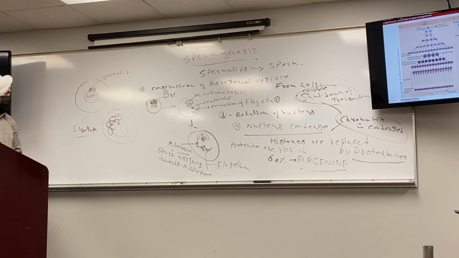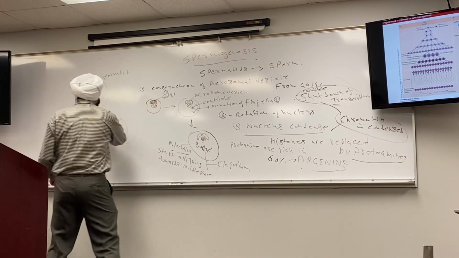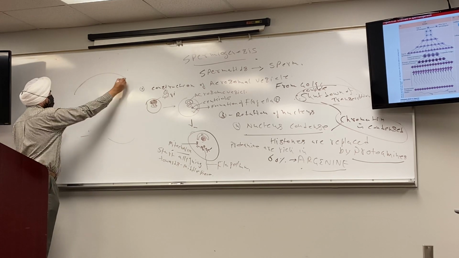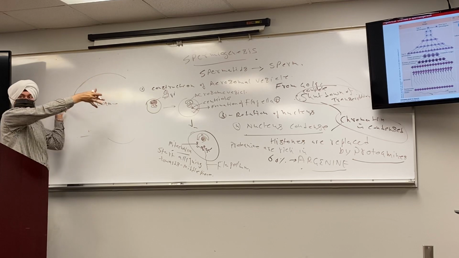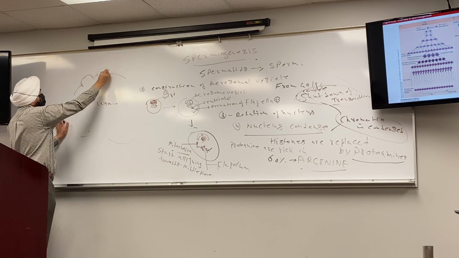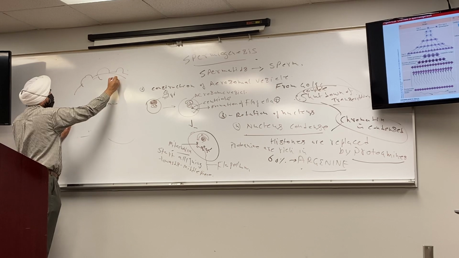And when the changes are taking place, what is happening here? Again, this is your lumen. I'm drawing it a little bit, okay? So right here is, for example, this one attached to the second, attached to the third like this.